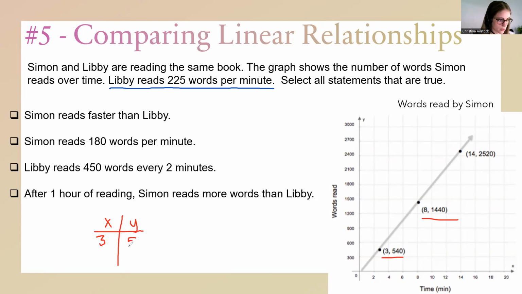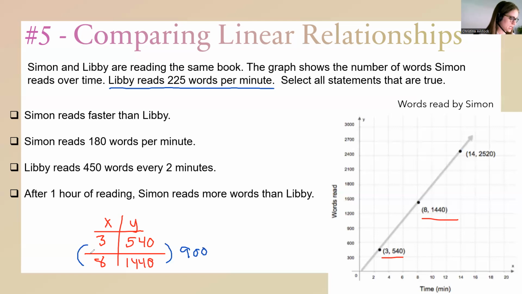So 3 and 540, 8 and 1,440, and then we can use that table to find our slope. Sometimes that's a little bit easier if we have really big graphs or graphs that are hard to read. So our change in y here is, we can use a calculator if you need to, so we can take the 1,440 and subtract from that the 540, and we can see it's changing by 900.